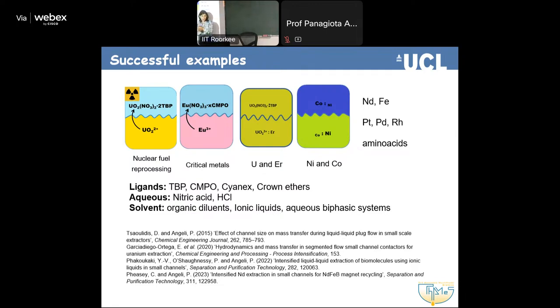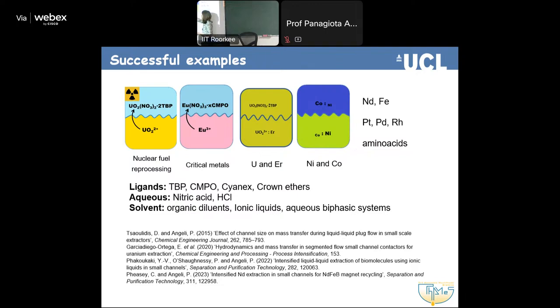Usually in solvent extraction, we have an aqueous phase that contains the material we want to separate, or a mixture of materials actually, and the organic phase that will have the extractant, which is a molecule that in a way grabs the material and keeps it in the organic phase. And this is the basic principle.